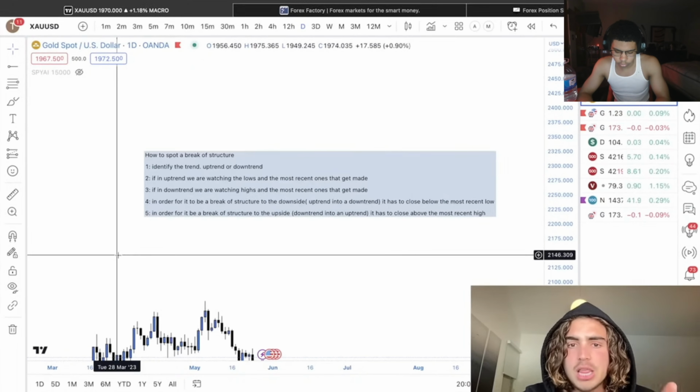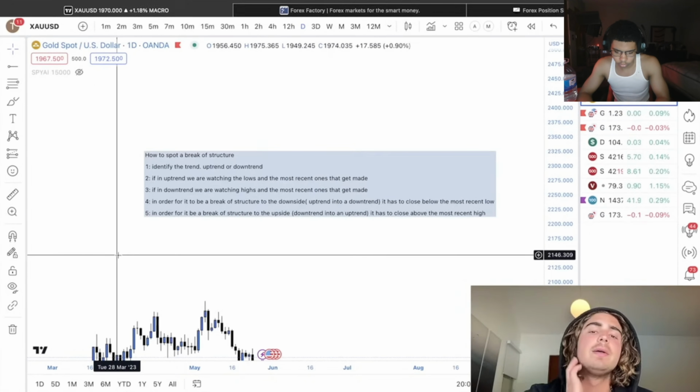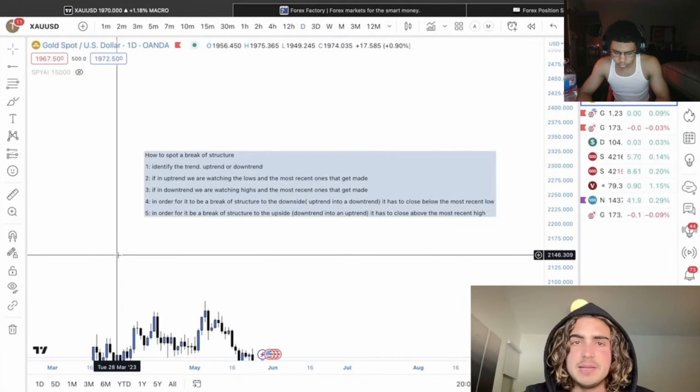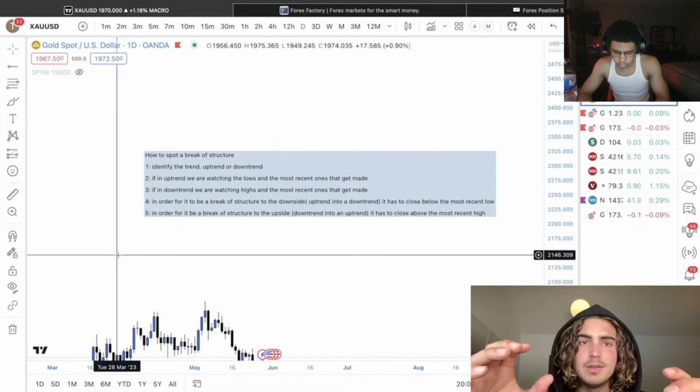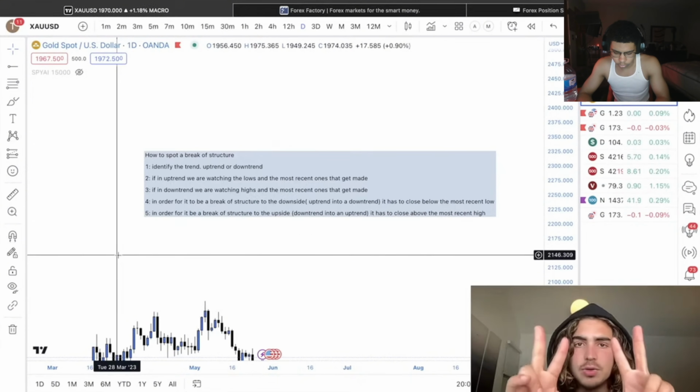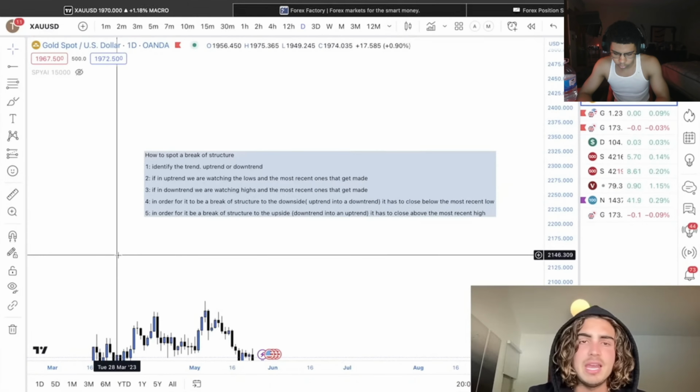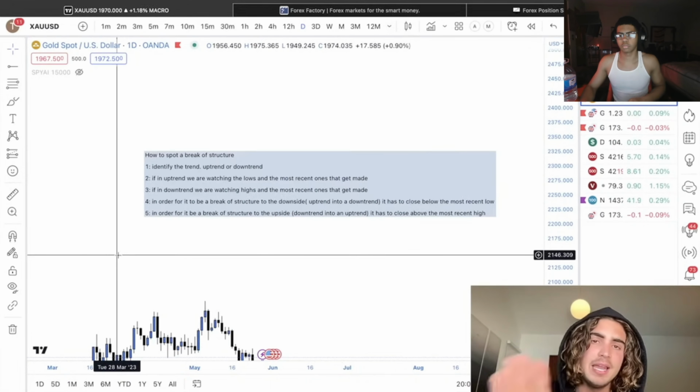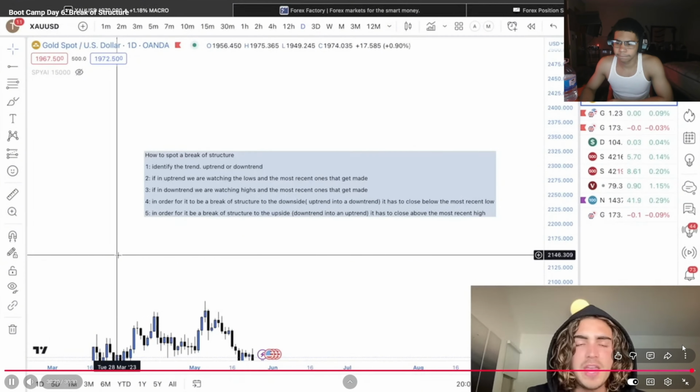A wick below a low, or a wick above a high. Something that might fake somebody out, that someone might believe is a break of structure, but isn't. So you guys can get good at spotting actual breaks of structure and then fakes. Do those two things. You need to have 20 examples by the end of this, until you're done with your homework: 10 examples of breaks of structure and 10 examples of fake breaks of structure.